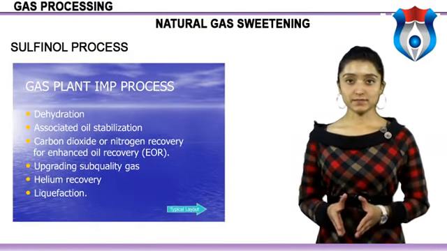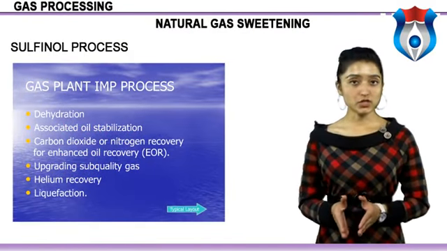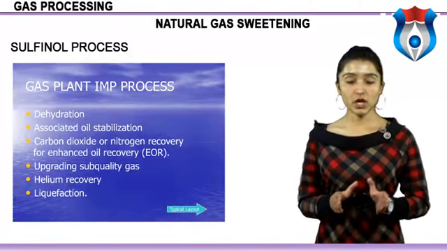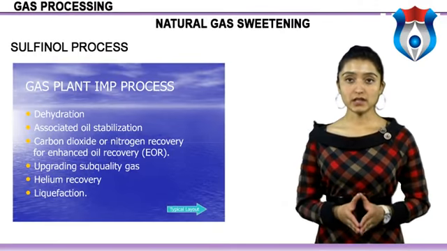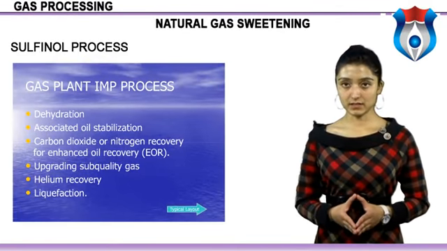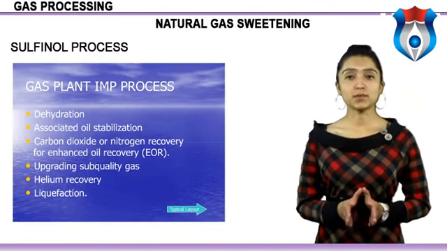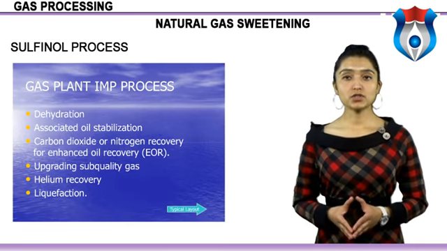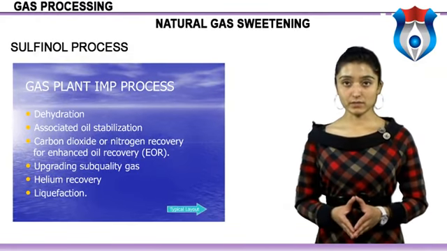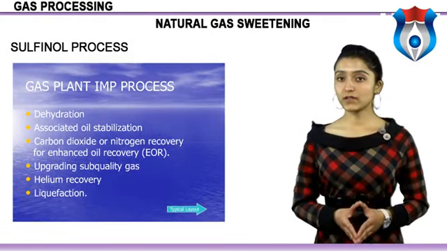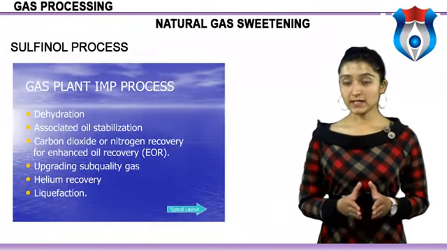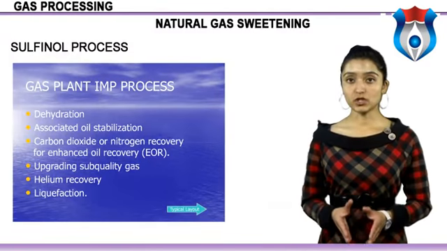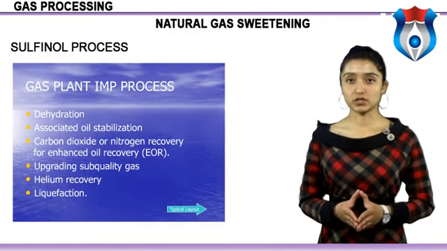Sulfinol process. The Sulfinol process is a regenerative process developed to remove H2S, CO2, COS and mercaptans from gases. The sulfur compounds in the product gas can be reduced to low ppm levels. This process has been developed specifically for treating large quantities of gas such as natural gas, which are available at elevated pressures.